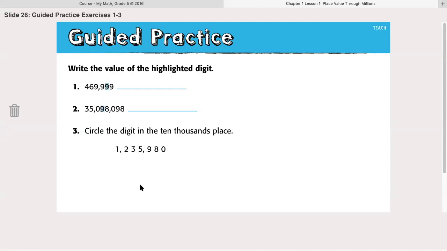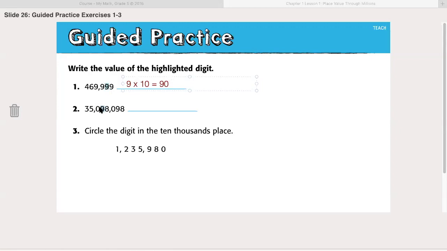Guided practice. Write the value of the highlighted digit. The 9 is in the tens place, so its value is 9 times 10, which is the same as 90, right? It's worth the value of the digit times the place value.